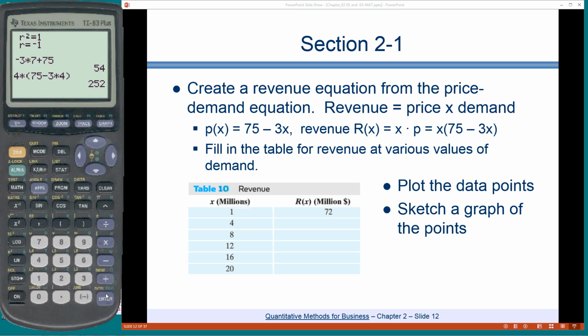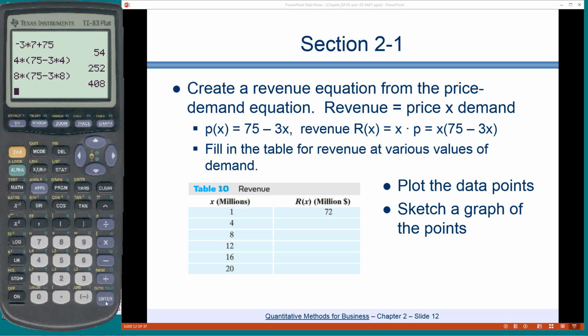I'm going to use the second entry function above my enter button to recall this entry and edit it. So I'm going to do second entry and go back, and where I've got 4, change it to 8. So 8 there and 8 there is going to give me a prediction for revenue for 8 million units.